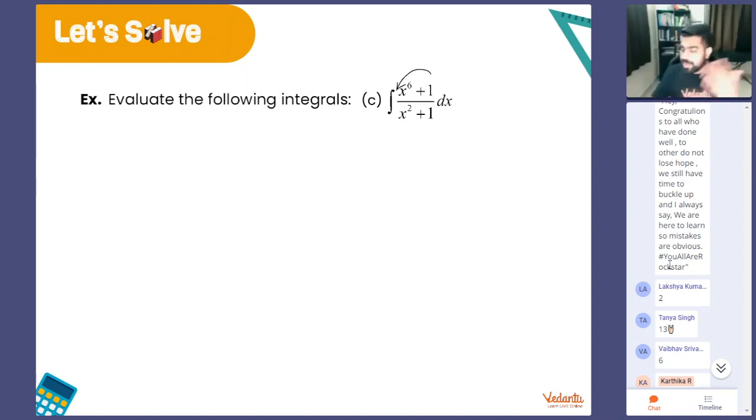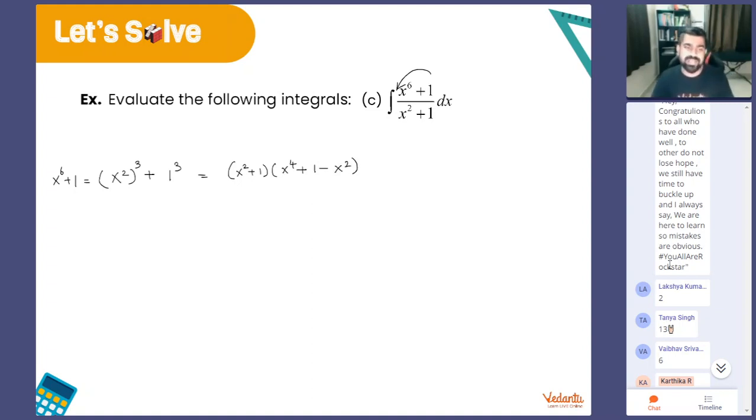So I'm trying to use my knowledge of algebraic identities to solve these questions. Here, what I'm using, my dear boys and girls, is your a cube plus b cube formula to simplify my numerator. That can be written as a plus b into a square plus b square minus ab.